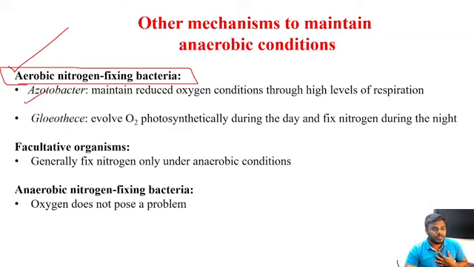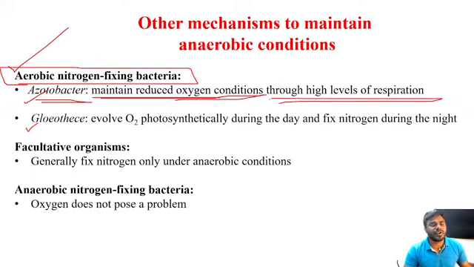Best examples we can call are Azotobacter and Gliotheciae. Azotobacter is the bacteria which maintains reduced oxygen condition through high levels of respiration. Don't confuse, friends. In the cellular respiration, what happens? More amount of oxygen will be consumed.